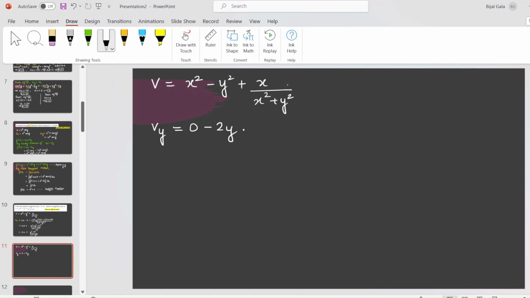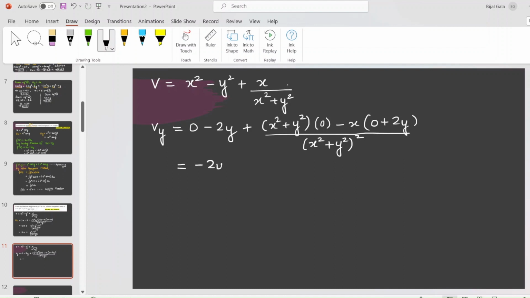We'll continue with the same. So v derivative of x where y is a variable, so it will be 0 because x is a constant, okay? Minus x times derivative of the second part with respect to y. So 0 plus 2y. So this is x square plus y square, the whole square. Now we are left with negative 2y. The first term is 0 and negative 2xy divided by x square plus y square, the whole square.